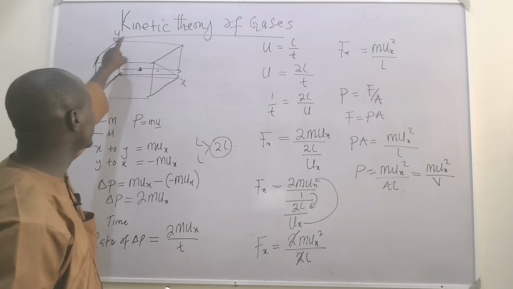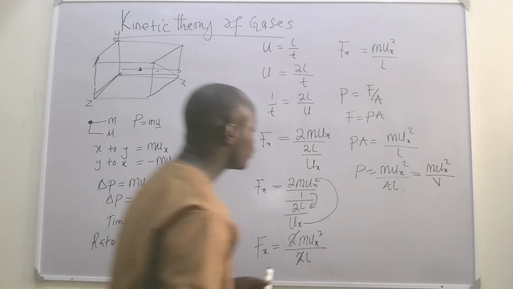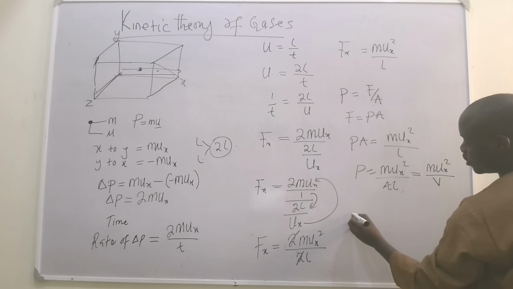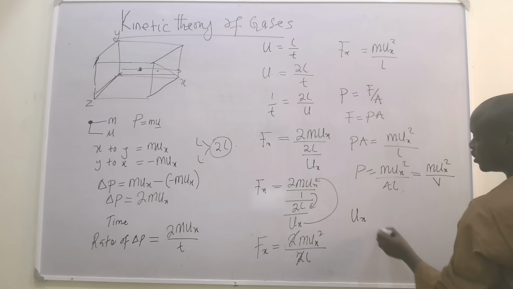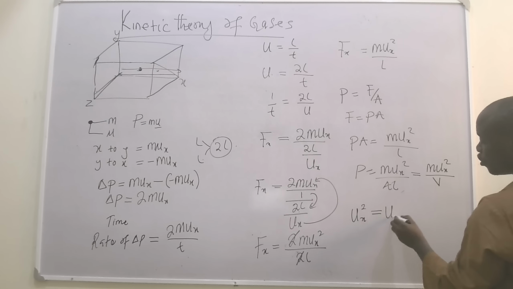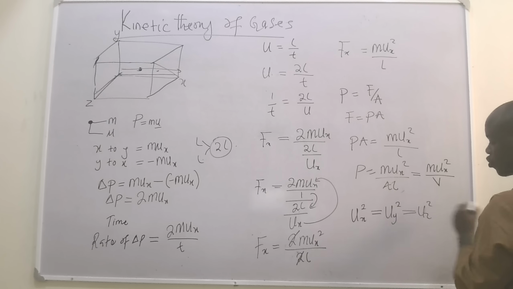It can move in x direction, y direction, and z direction. So therefore, this u of x, we can equate them. So u of x squared can be the same as u of y squared, and it can also be the same as u of z squared.